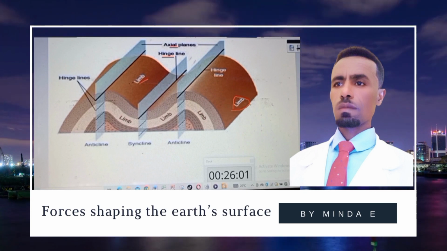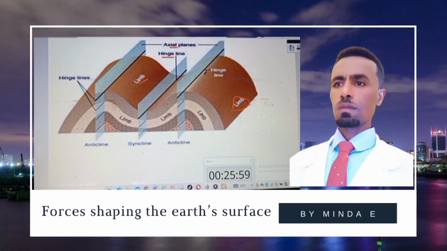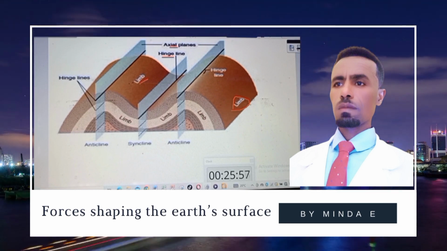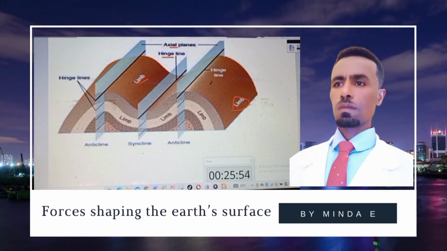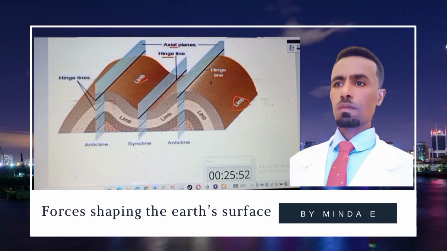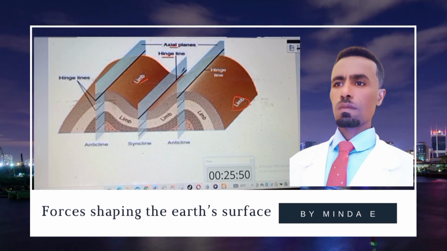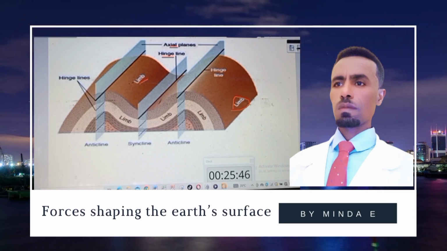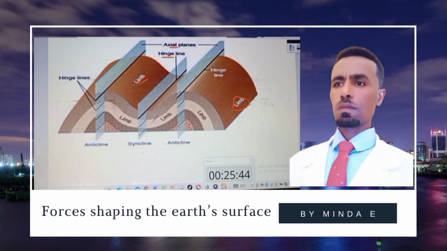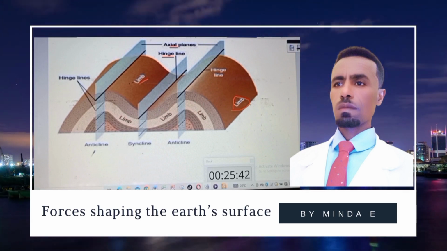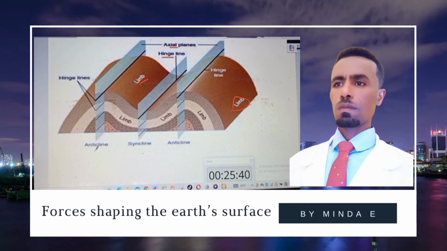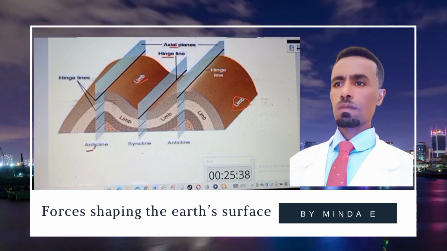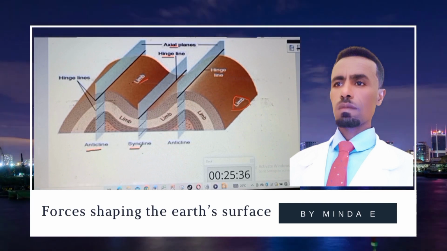These 3 points are very important pointers, and you can identify them by referring to these kinds of figures. And also this figure can illustrate the anticline fold and syncline folds.